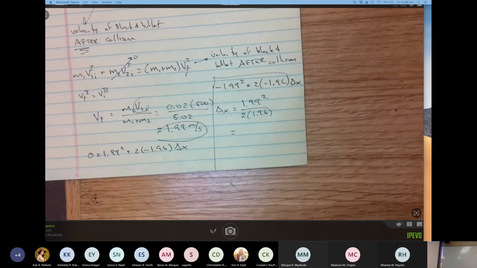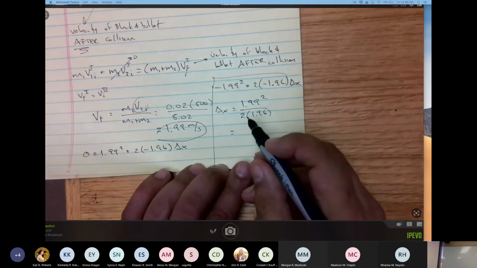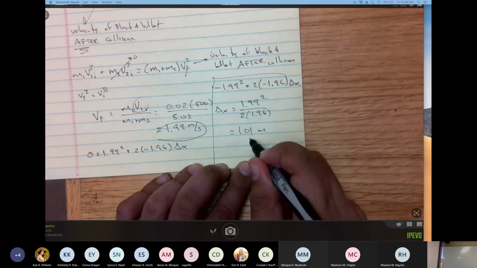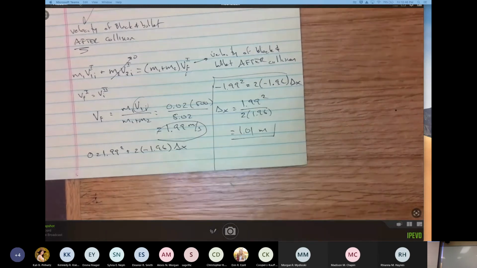And I get 1.1 meters. Okay, so the block will move 1 meter before it comes to a full stop.